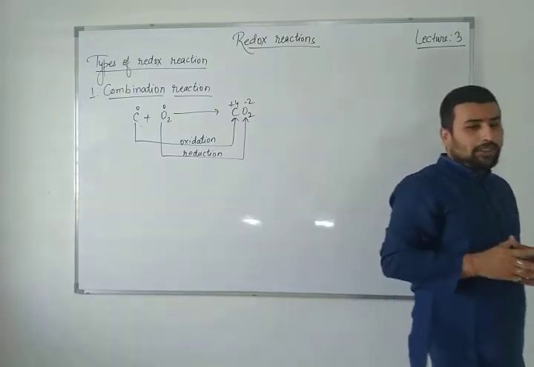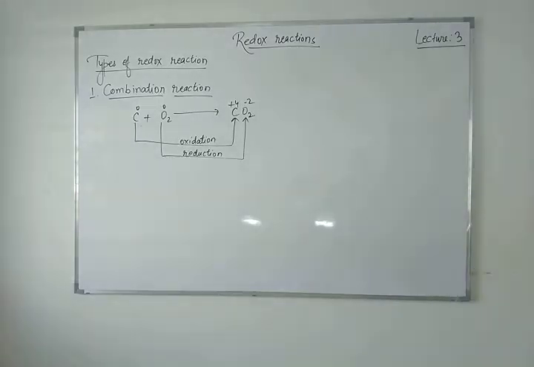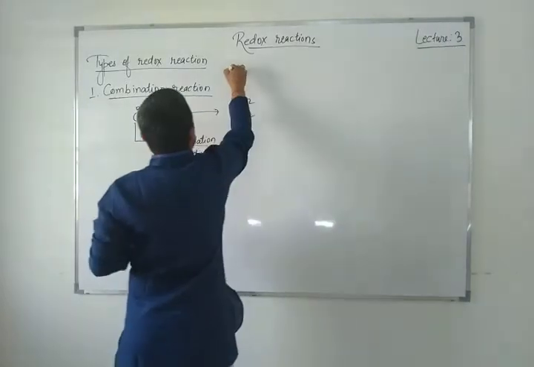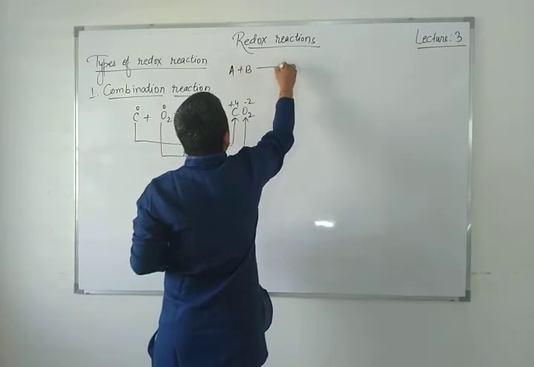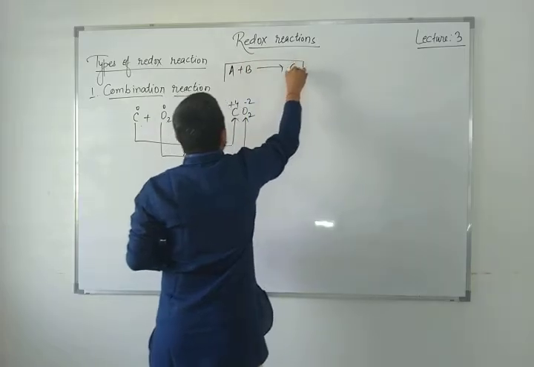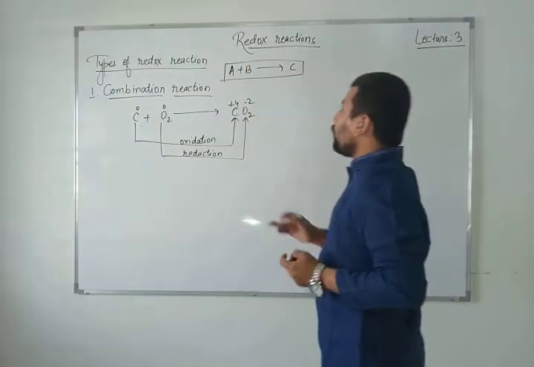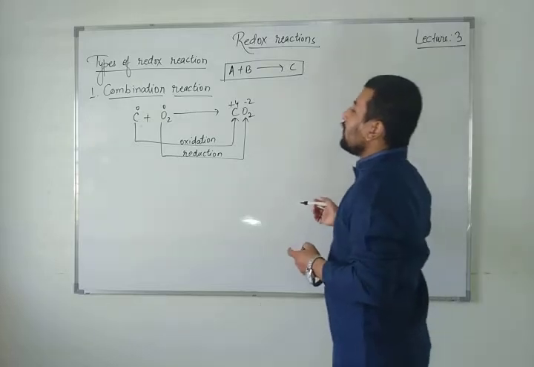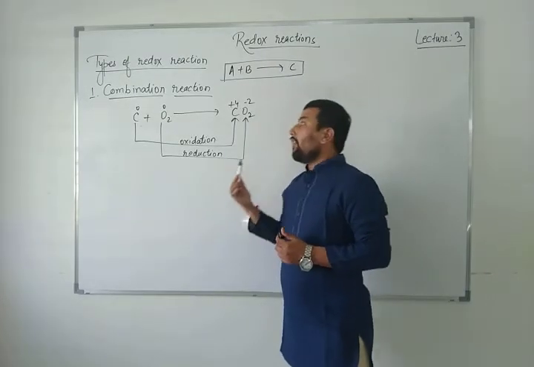Yes or no? Can we say it as a combination redox reaction or not? I hope that all of you will not disagree with the combination redox reaction, because just remember, in this redox reaction, the reaction will be just A plus B, the 2 reactants will be there and they will form a single product, A plus B is equal to C. In this reaction you have to show that the reactants are being oxidised and reduced.